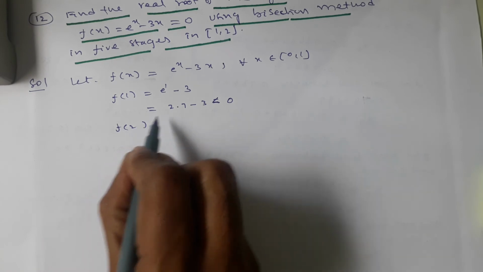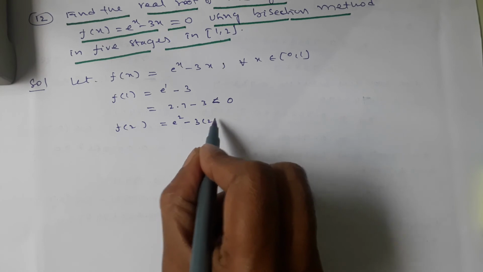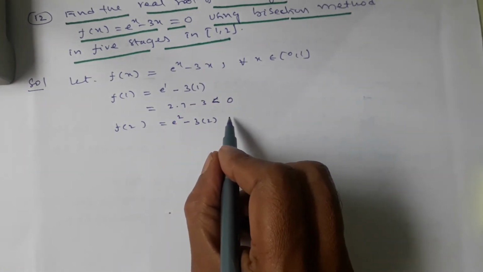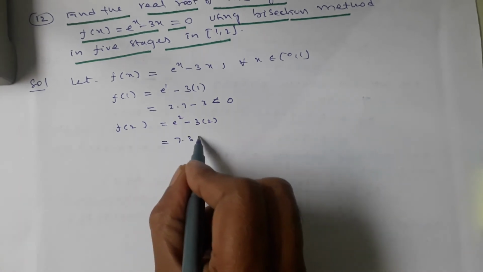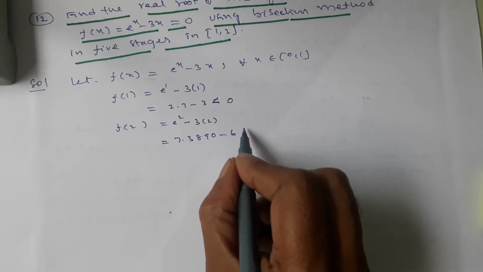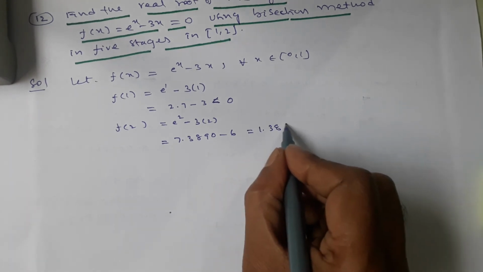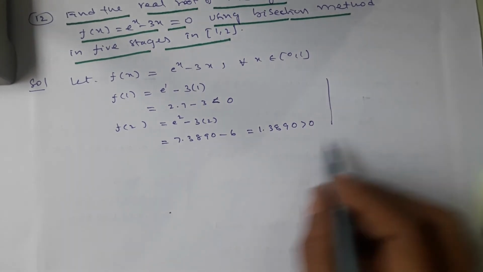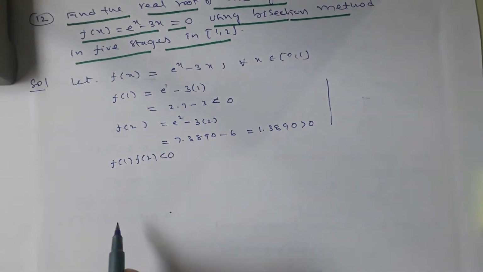F of 2 is equal to e square minus 3 into 2, which is 7.3890 minus 6, equal to 1.3890, greater than 0. So f of 1 into f of 2 is less than 0.